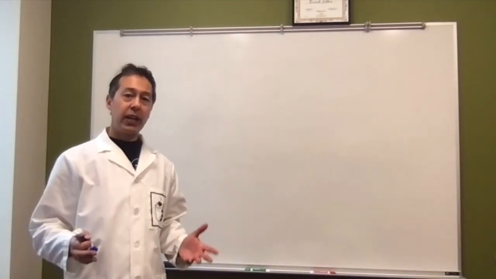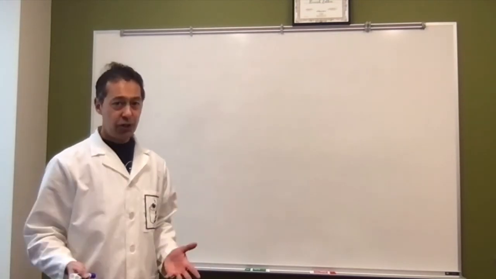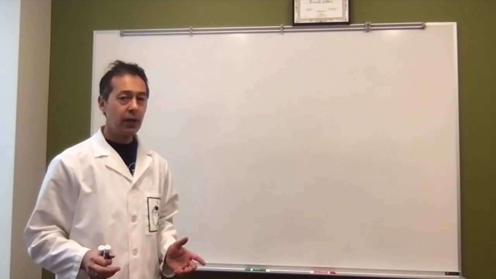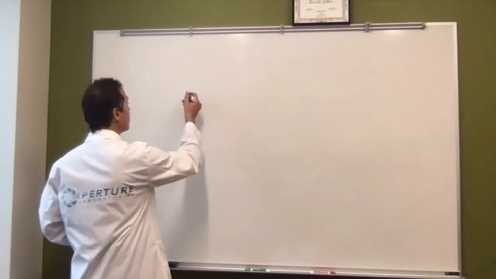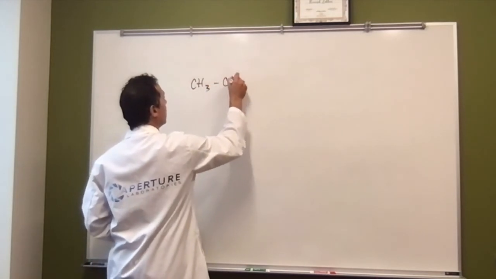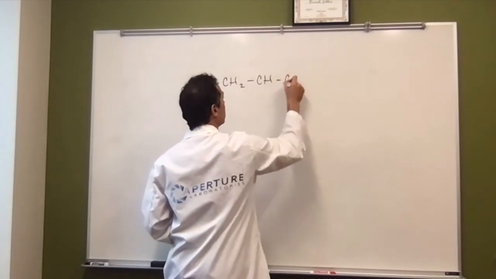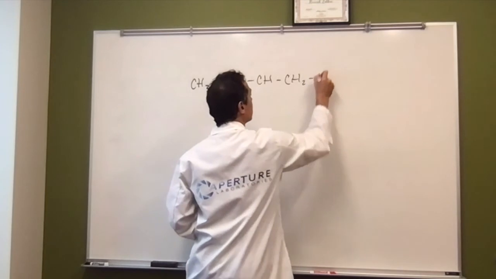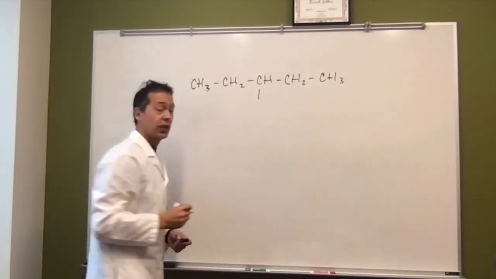Now when naming organic compounds, sometimes we have some branched substituents. And these branched substituents have some special names. So for example, if I have a long chain of carbon atoms, such as CH3, like this, and then a branch coming off like that.